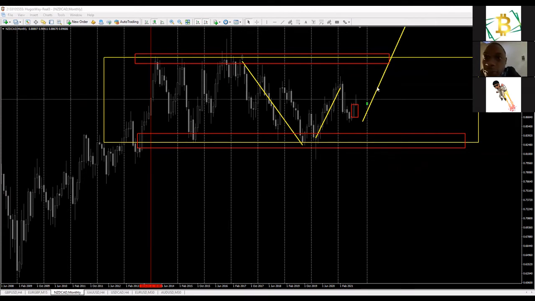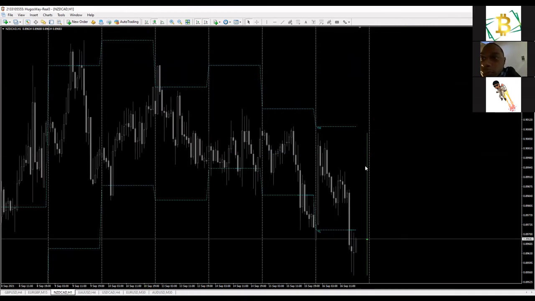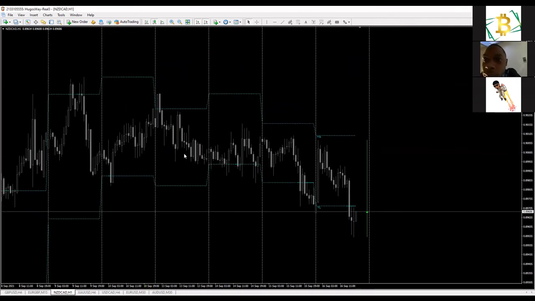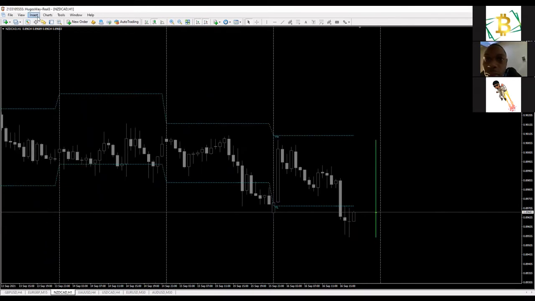And on an intraday, on a daily basis, when you're looking for daily trades, you pretty much want to, like Steve Morrow would tell you, hit the high and low of the day and things of that nature. The highs and lows of the previous day are indicated by this blue tracer, this blue dotted line. So, for example, yesterday's high and low is this range here. Keep in mind, every candle creates a range from its high to low.